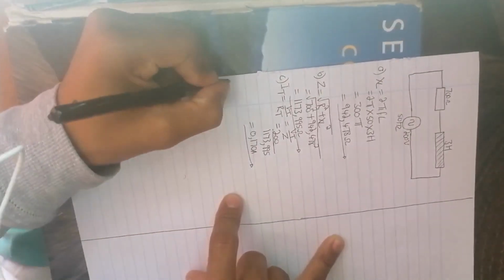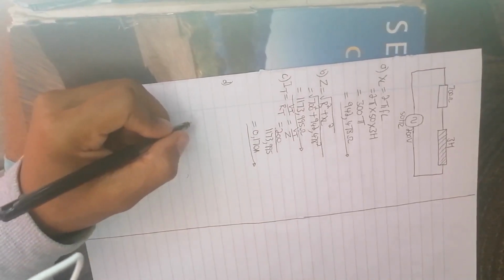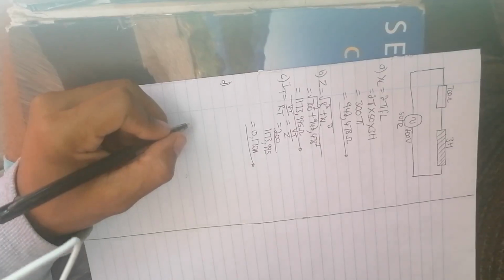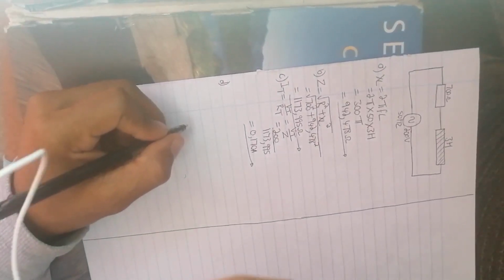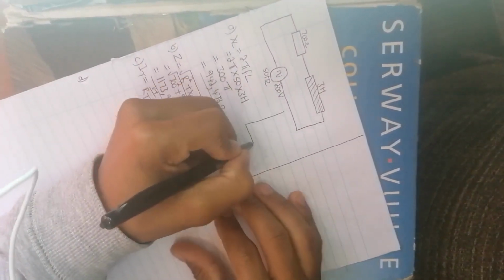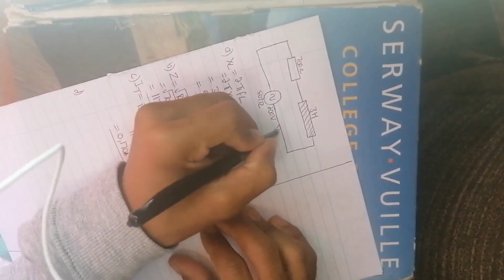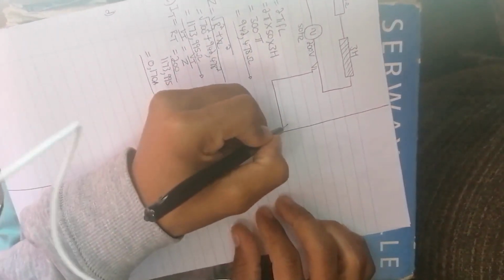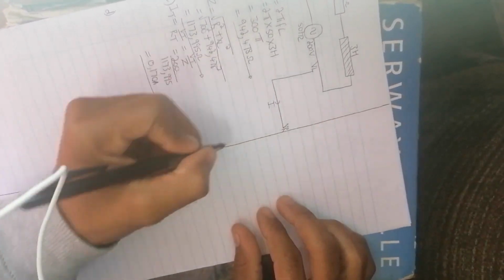All right, number D, find the phase angle between the supply voltage and the supply current. What is it that I know? I know a phasor diagram tells me this is the voltage across the inductor, and this is the voltage across the resistor, and this is the current.